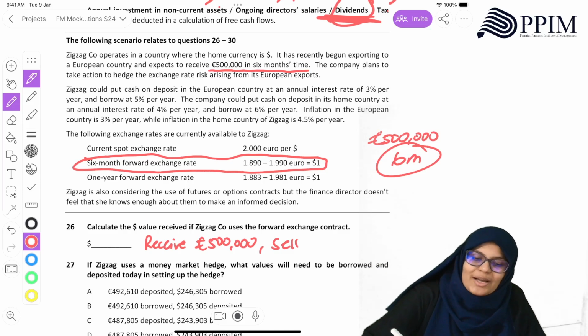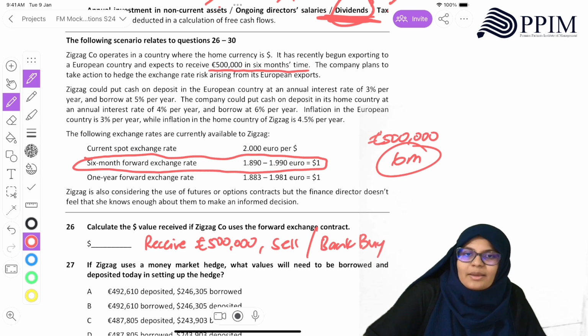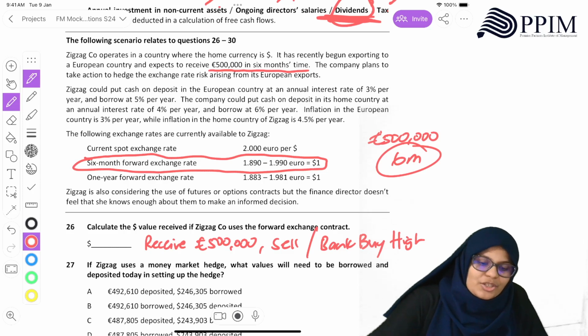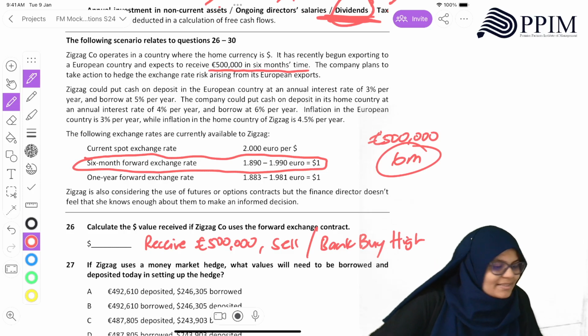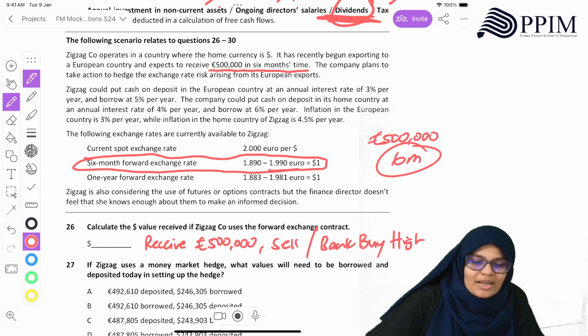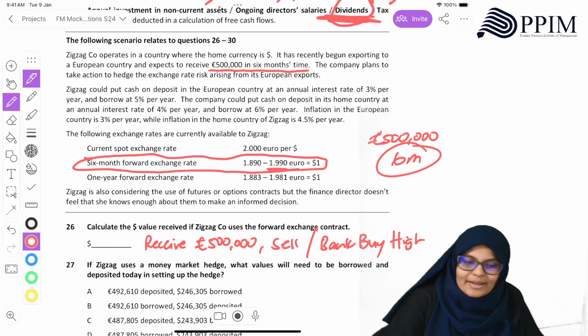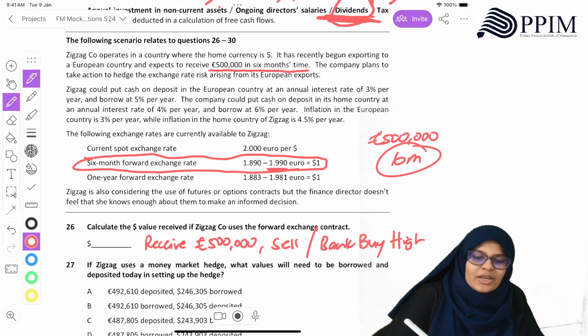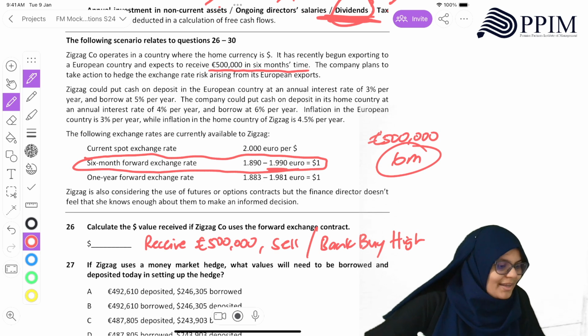So that means you are selling, which means the bank is going to buy from you. The bank always buys at the higher rate. Okay. So if you look here, you have 1.890 and 1.990. The bank will always go for the higher rate, which is 1.990. So 500,000 euros you have to convert using 1.990.